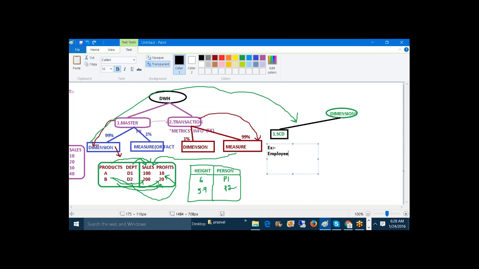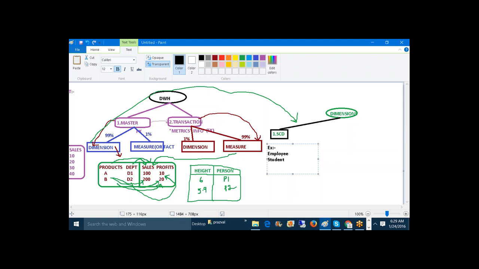Only after some point of time, every day he cannot change the company, right? So the employee information will be maintained in one organization for some period of time. If the information is changing over the period of time, then such a kind of dimension is known as slowly changing dimension. The best example is employee, and even the student also. The student will do his schooling in one organization, plus 2 in one organization, and graduation and post-graduation in some other organization.